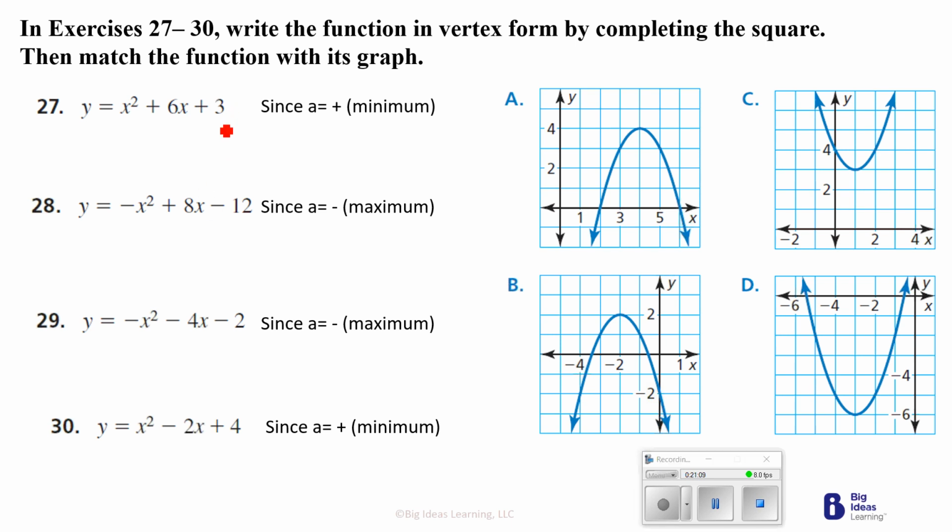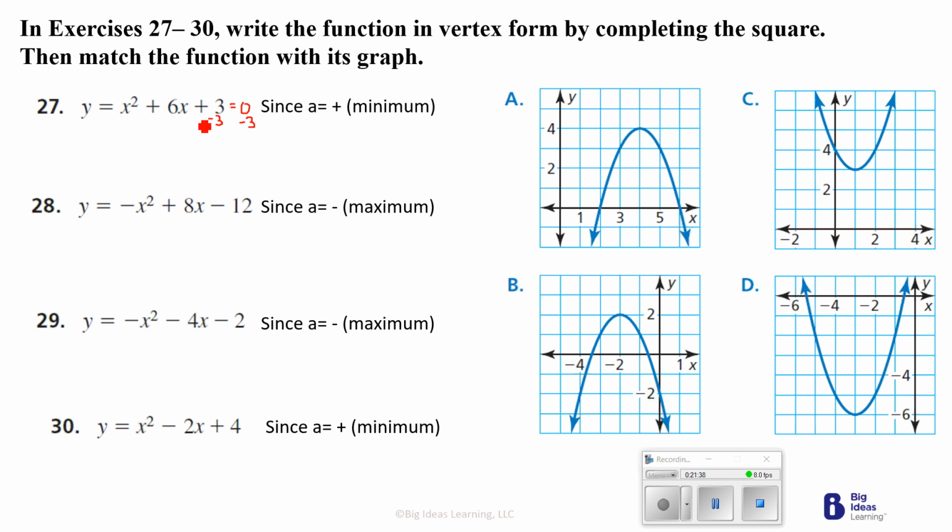So we'll be subtracting 3 from both sides. And then we look for that perfect square. Well, we know that we're going to get x squared plus 6x. Well, 6 divided by 2 is 3.